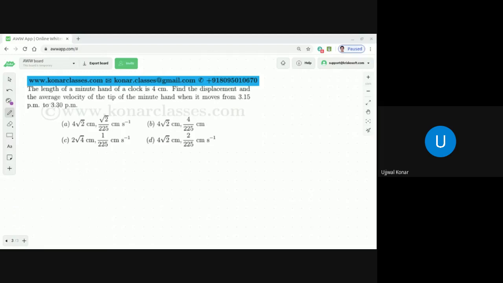So, if you look into this question, the question says the length of a minute hand of a clock is 4 centimeters. Find the displacement and the average velocity of the tip of the minute hand when it moves from 3:15 to 3:30.